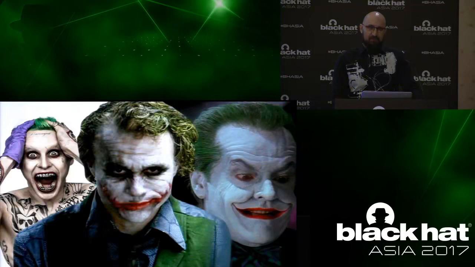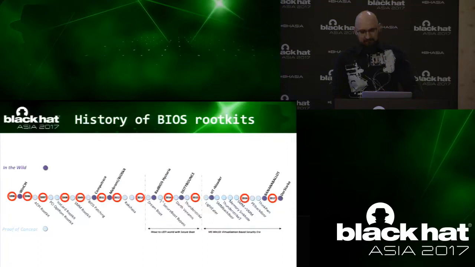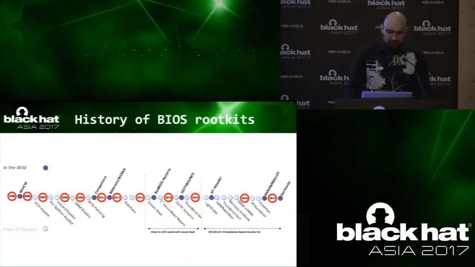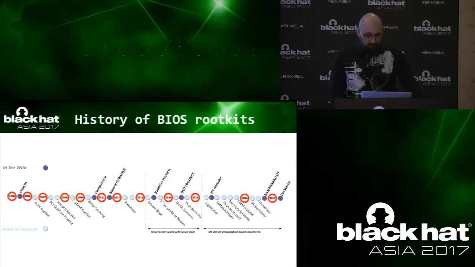Actually, there were not a lot of different samples known in the wild. As you can see, until 2013 we have just a few examples of BIOS rootkits in the wild, like the very old Chernobyl virus sample, which is related to some tricks that can be used on old legacy BIOSes by rootkit implants.